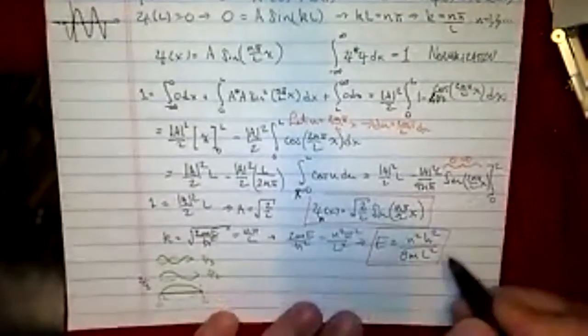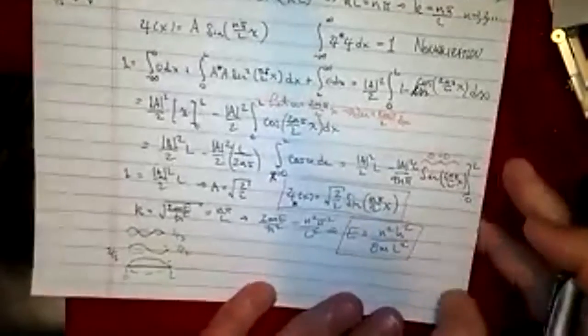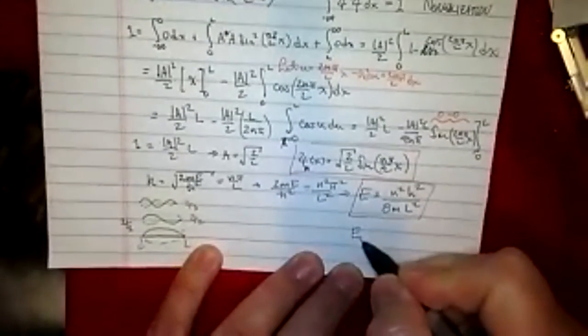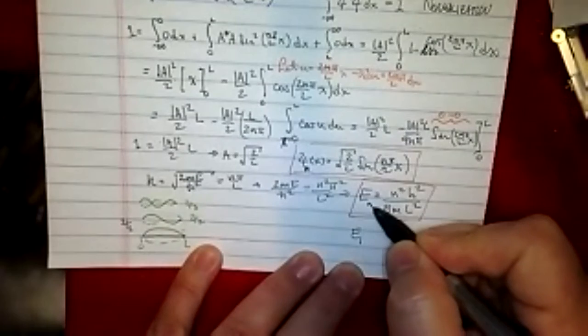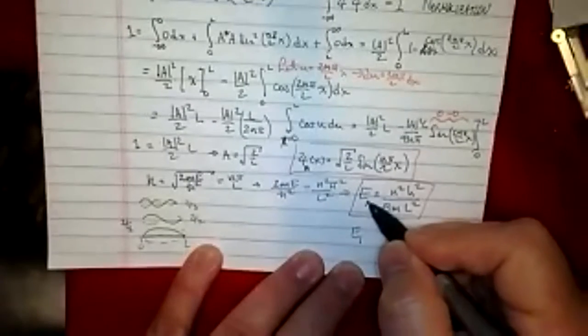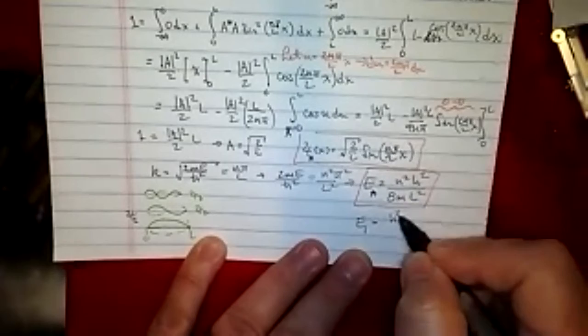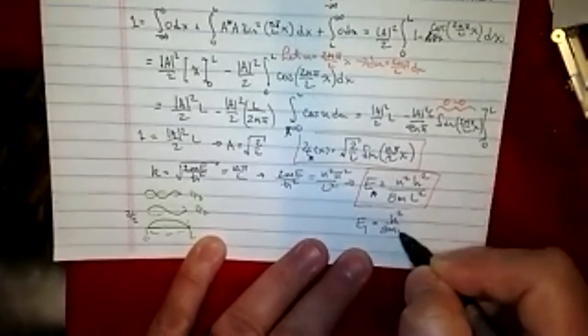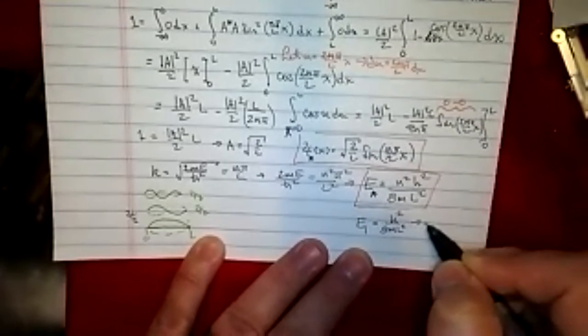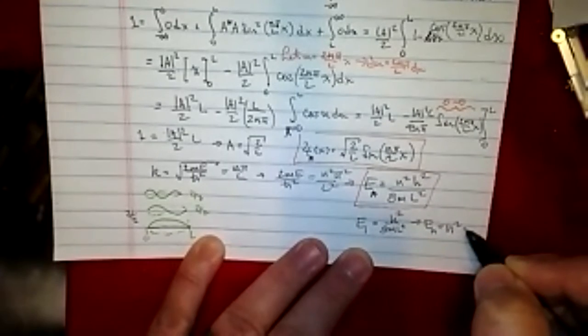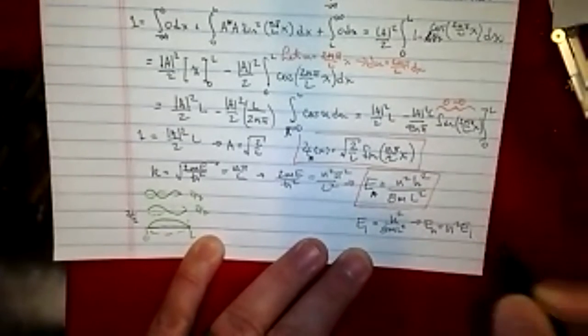The neat thing you can see about this energy, by the way, is that when n equals 1, you get E1, which I should really call En, just like I did with the wave function. E1 is just equal to h bar squared pi squared over 8ml squared. So then you see that E sub n is just n squared times E1.